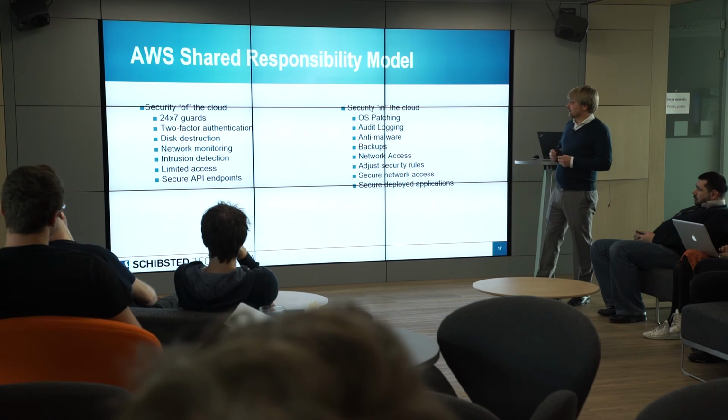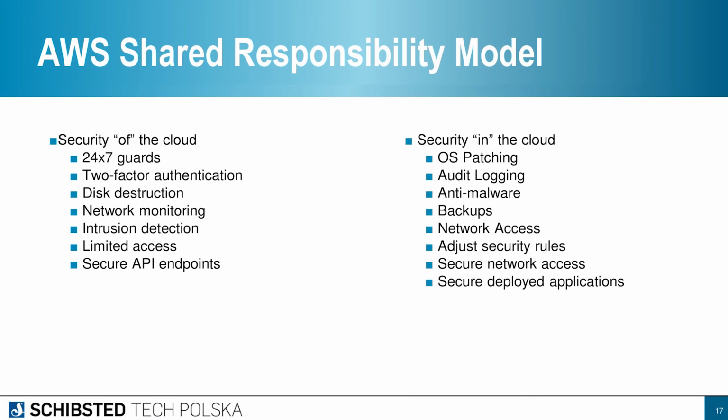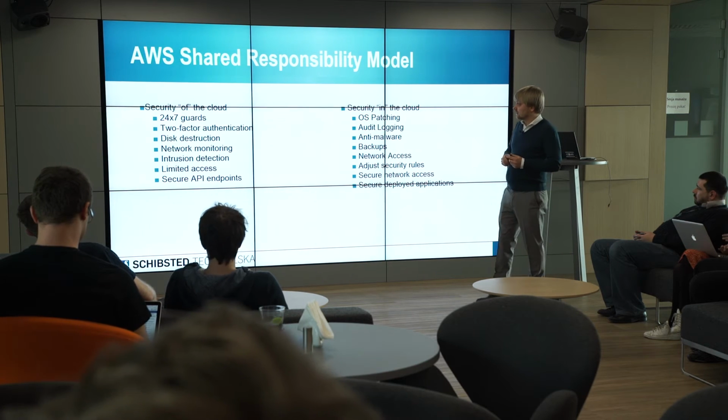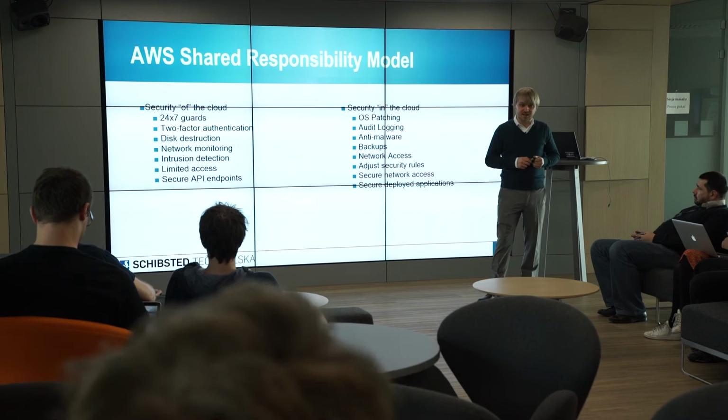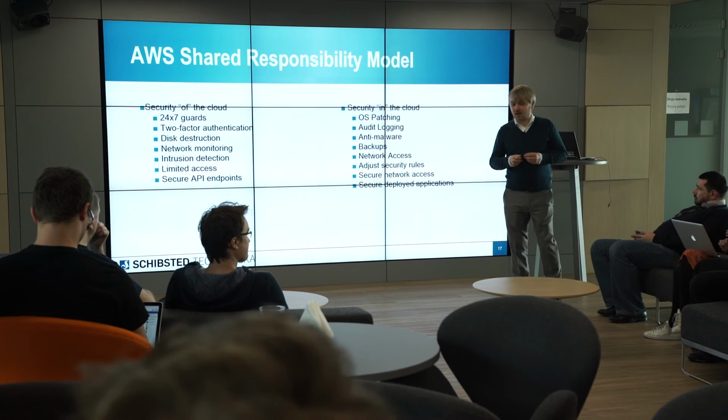Here are sample responsibilities which belong to Amazon and which belong to you. Amazon, for example, must guard their data centers, must provide two-factor authentication, disk destruction, network monitoring, intrusion detection, and a safe API.